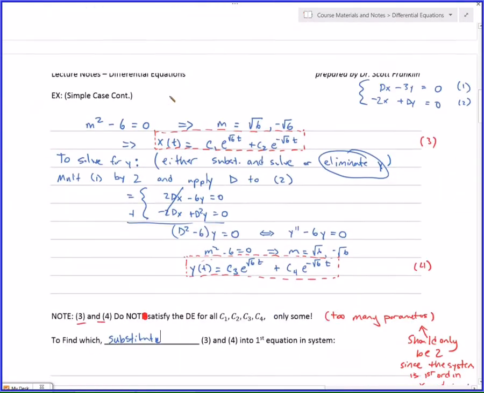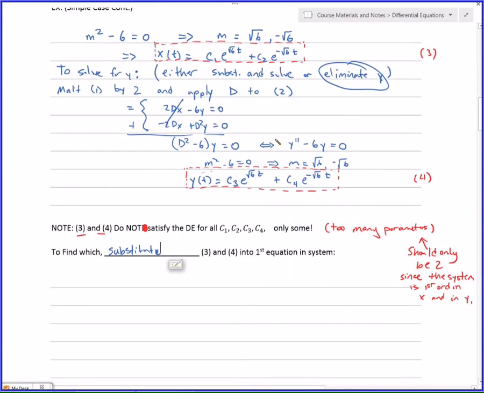If x of t is this guy, I'm going to write the equation off to the side here. dx dt was 3y, correct? So dx dt for my solution is square root of 6 c1 e to the square root of 6t, I'm just taking the derivative of this, and then minus square root of 6 c2 e to the negative square root of 6t.